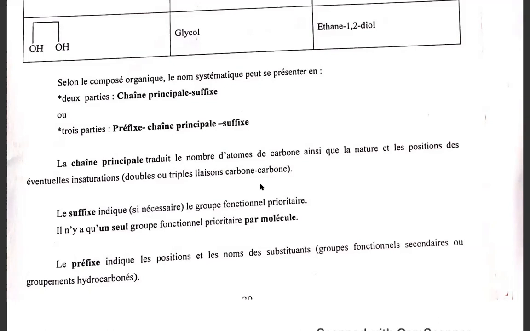So I'll repeat. Whenever we are naming a compound, there are 3 parts we are supposed to consider: la chaîne principale, the suffix, and the prefix. The chaîne principale and the prefix are one and the same thing. Now the question is why? It is because the chaîne principale defines the prefix.